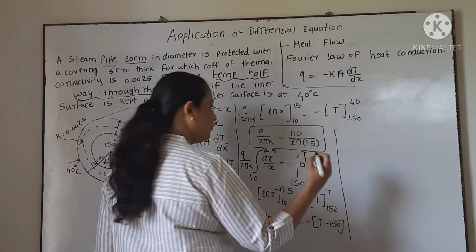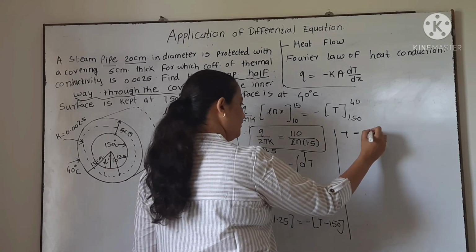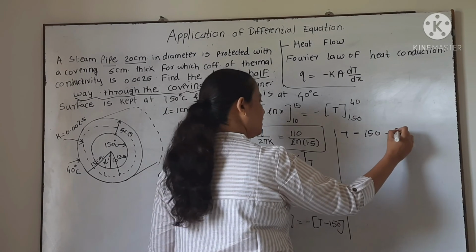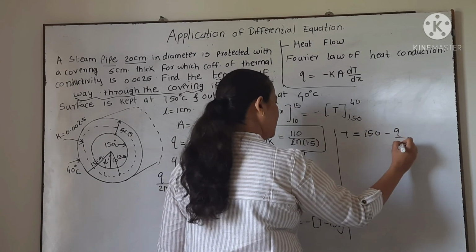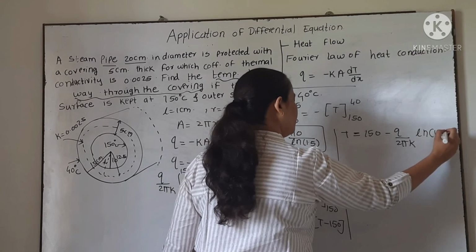Therefore, expression for T will be equal to 150 minus Q upon 2 pi k in bracket ln of 1.25.